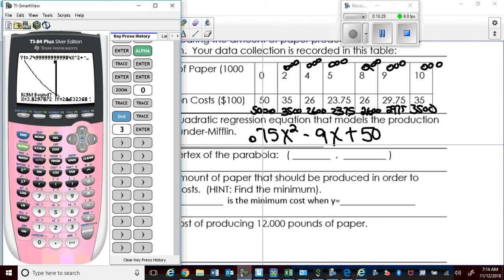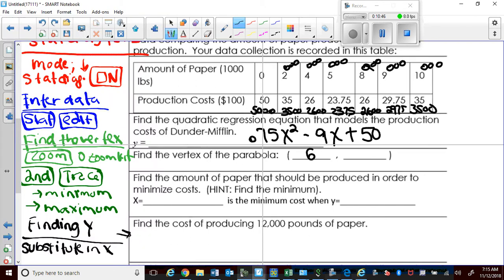So the way you'll know that you're at the right of the minimum is you'll see the cursor going up like what looks like a cliff to the right of that minimum, where you think it's at, and I press enter, I guess, and I get 6, 23.